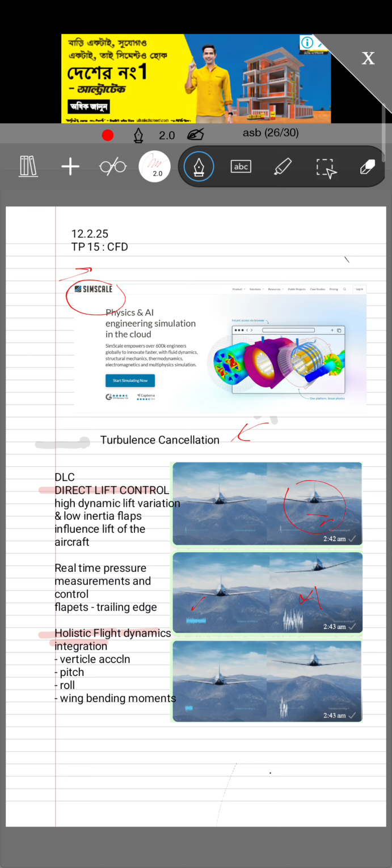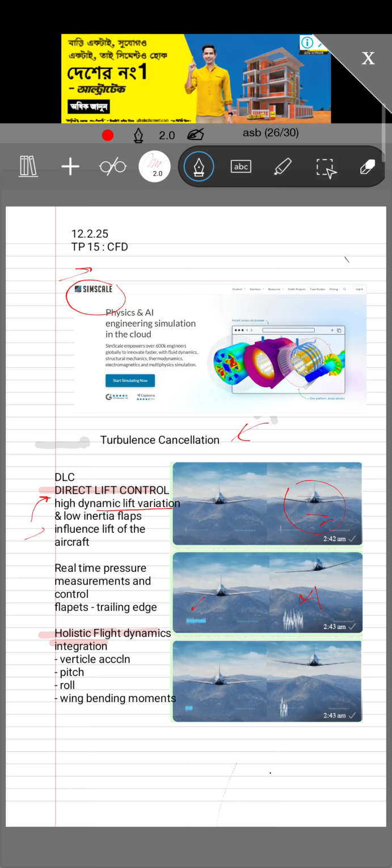commercial aircraft. Now, turbulence cancellation is basically based upon two things. First is the DLC, or the direct lift control. By direct lift control, it is meant the variation of the dynamic lift with low inertial flaps present.